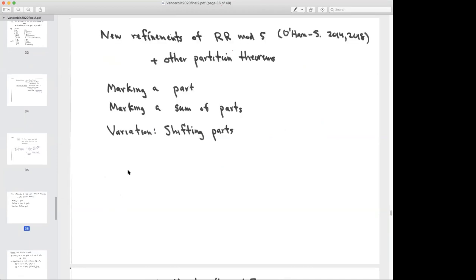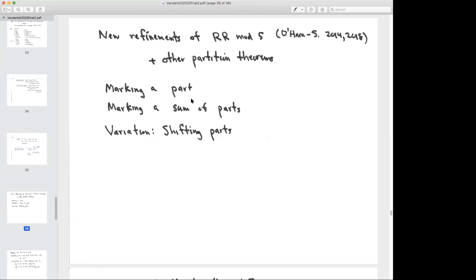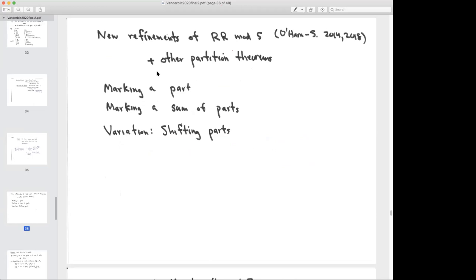But for today's talk, I'm going to talk about some work I did with Kathy O'Hara, where we refine Rogers-Ramanujan. We do something stronger mod 5. We don't generalize it to other moduli. We do something stronger than Rogers-Ramanujan. And what I'll want to talk about is marking a part.